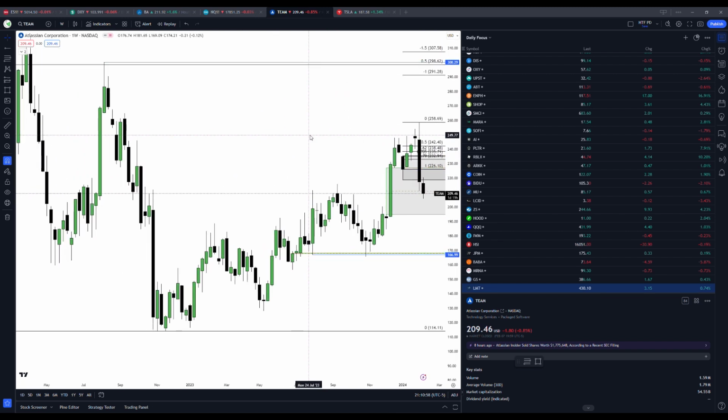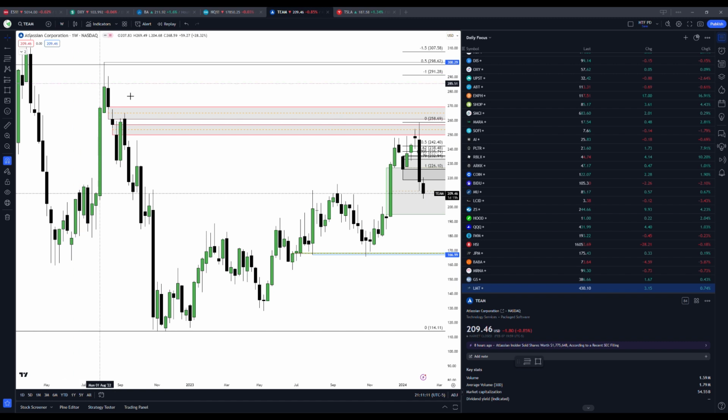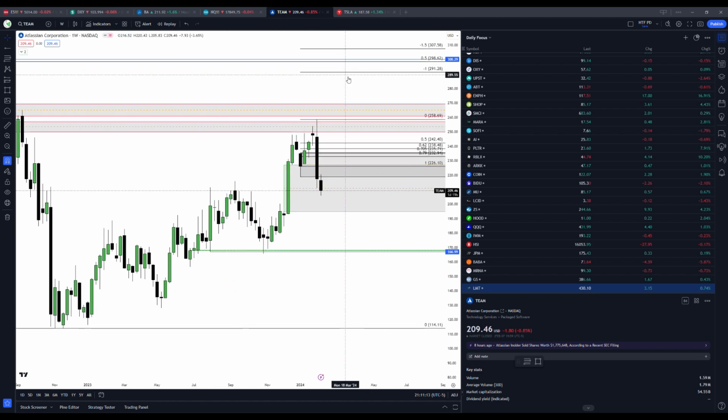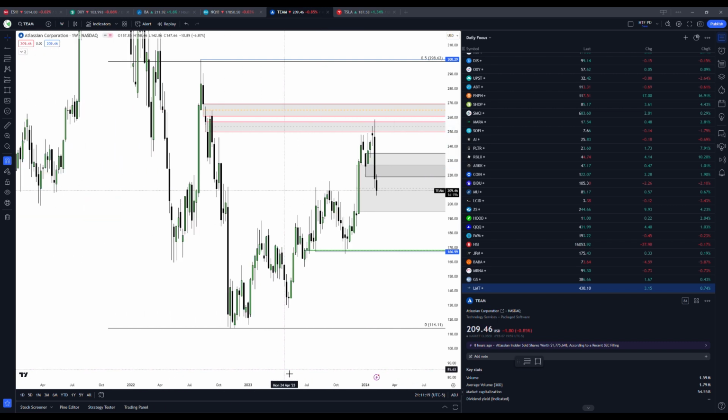What did we run into here? Bearish order block, bearish volume imbalance. Here's another one, bearish volume imbalance. But 50% really isn't all that far away. I've got to look at this one a little more.